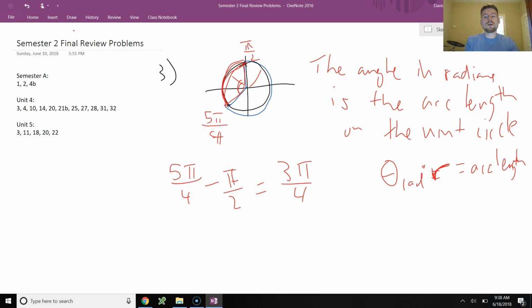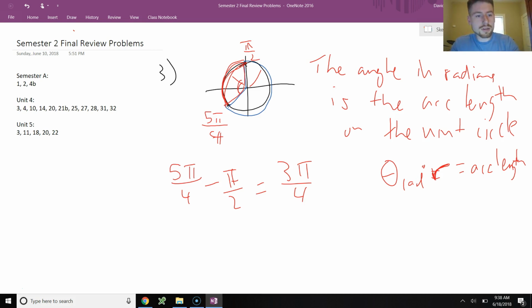So that's why angles in radians are so nice, because they easily map to length around the unit circle, or around a circle of any size. You just take that angle in radians and multiply it by the radius to get the arc length. And if r is 1, like the unit circle, then it's just the angle in radians.